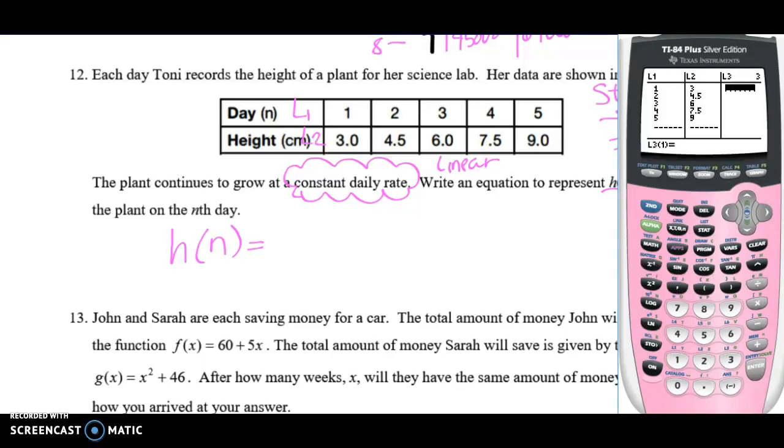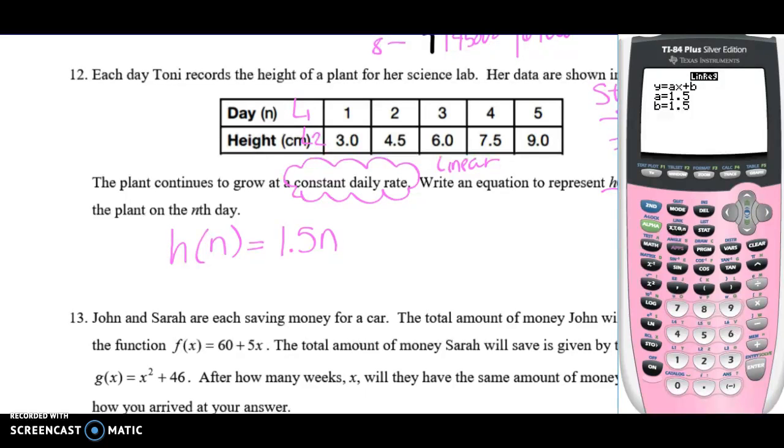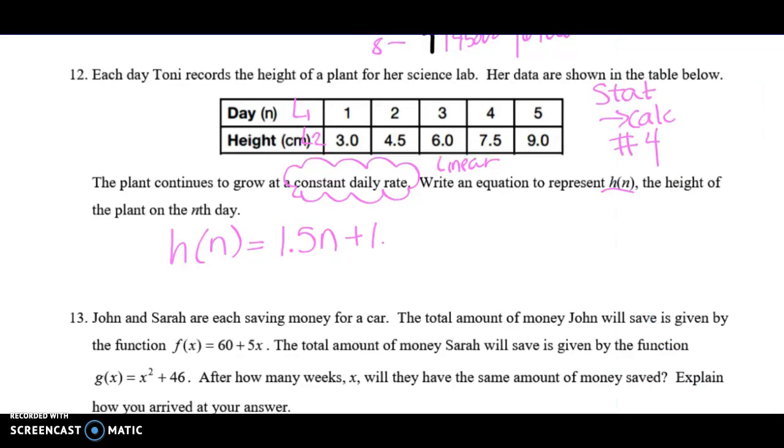Then we do stat calc 4 for the linear regression. And it tells me 1.5 for A. We're using n instead of x for this, as the instruction said, and 1.5 for B. That question is done.